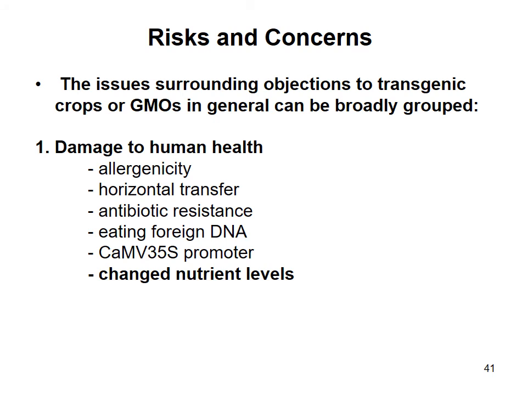So, for example, because isoflavones are thought to play a role in preventing heart disease, breast cancer, and osteoporosis, the isoflavone content of Roundup Ready soybeans has been investigated by several researchers.